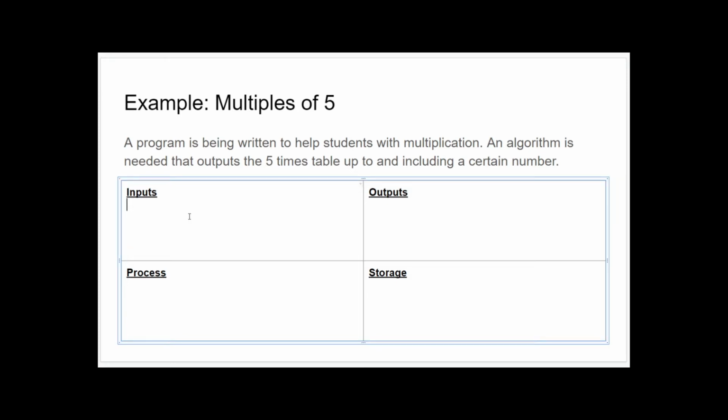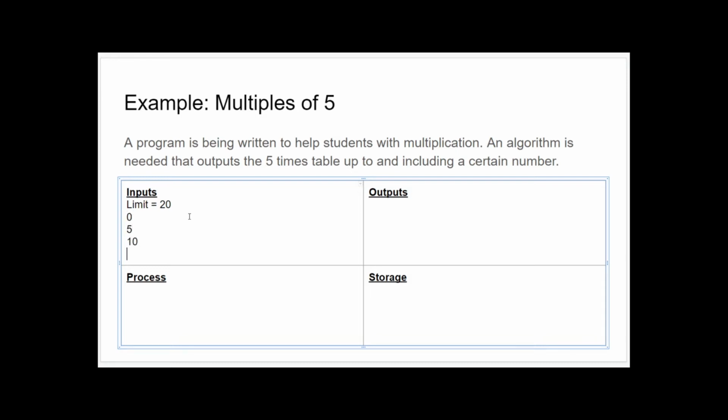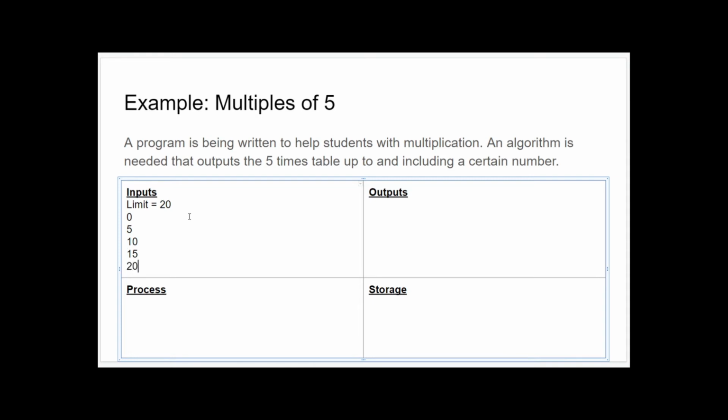Just as an example then, if the number that we entered was 20, our program would output 0, 5, 10, 15 and 20.